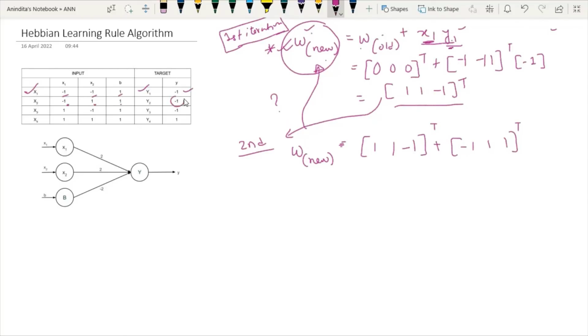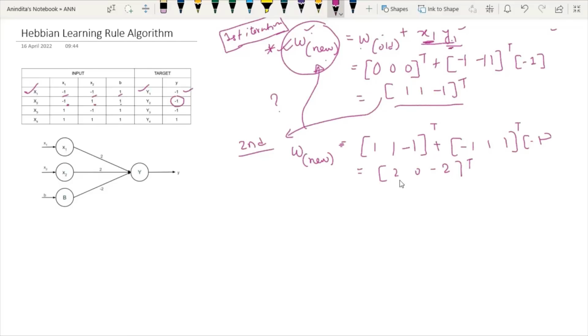This is the value of y2. I'm just writing it. Now we calculate the W new value in the second iteration, and it will become 2, 0, and minus 2 transpose.